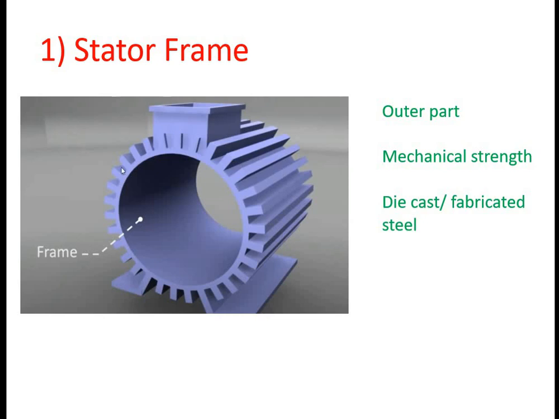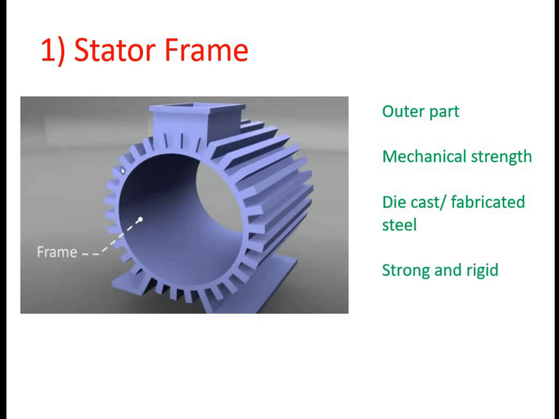Fabricated steel means it is molded and cooled to a particular temperature to make such a solid stator frame. Usually such stator frames should be very strong as well as rigid.